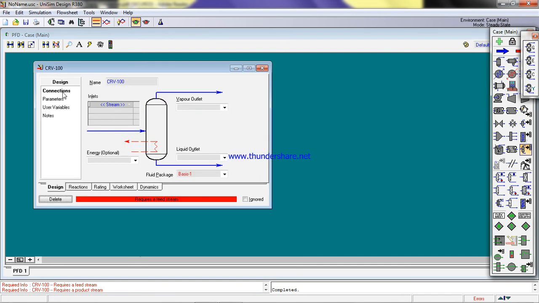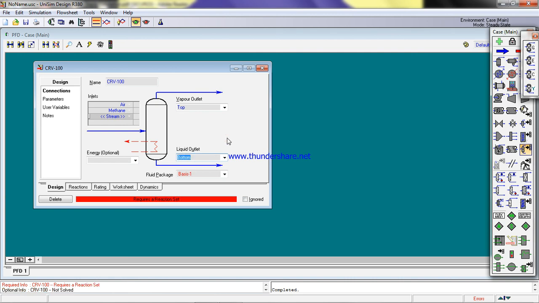So here we have connection, and then the inlet, A will come in, and then methane will come in, in no particular order, and then the outlet, we will just call this top product, and then this one bottom product.